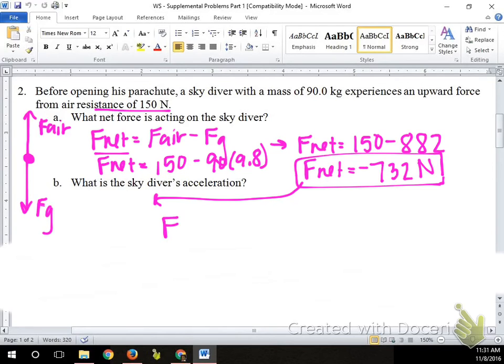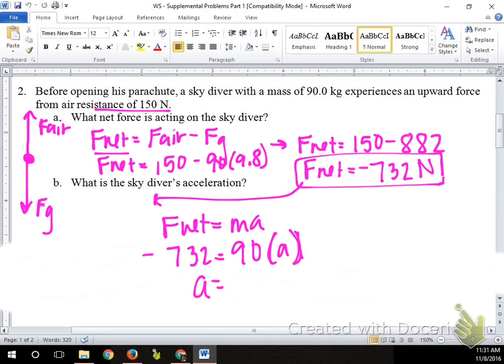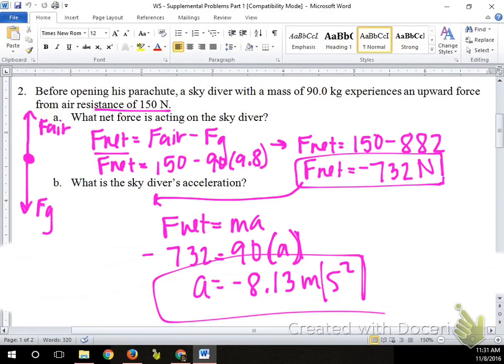If our net force equals mass times acceleration, we're going to take negative 732 equals mass times A. So he's falling at just a slightly lower rate than anything would be without air resistance.